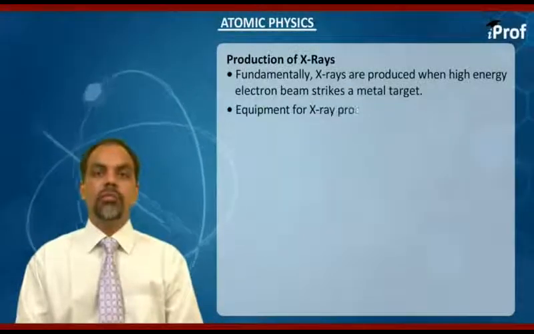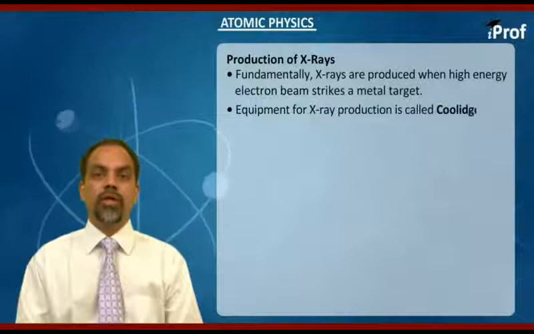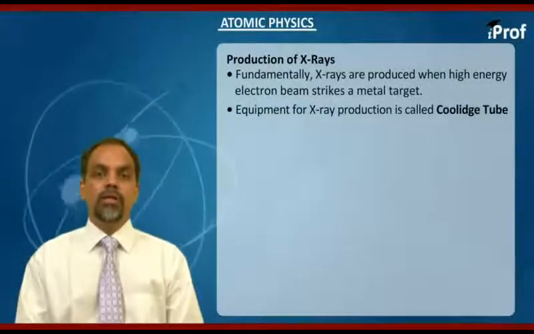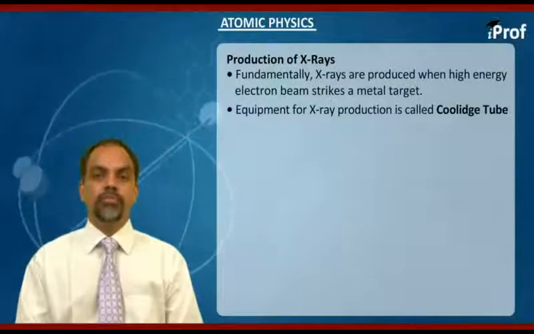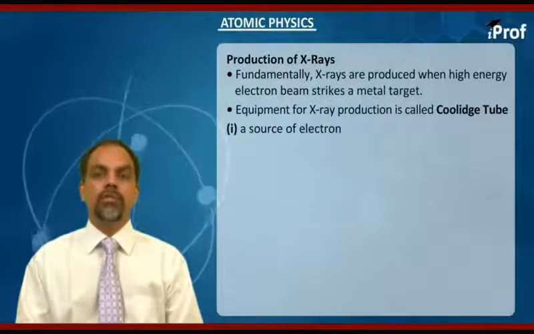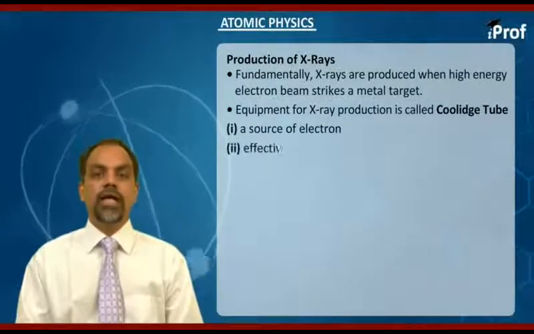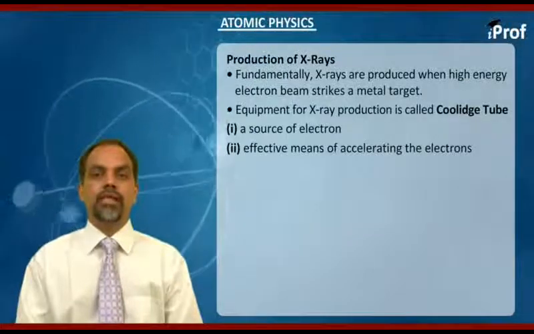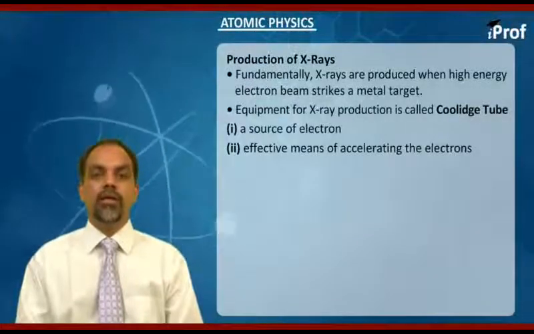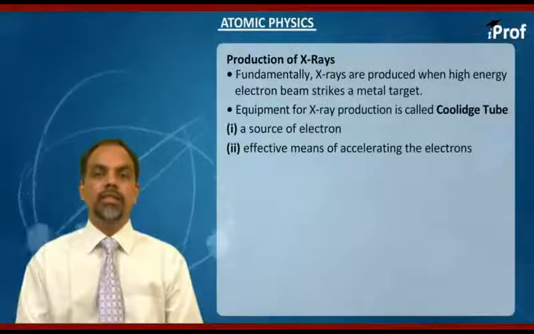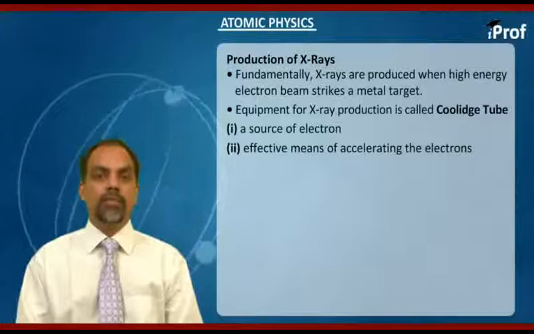Now, the equipment which is used for X-ray production is known as the Coolidge tube. This modern Coolidge tube mainly consists of a source of electrons, because we need electrons, and an effective means of accelerating electrons. Just now I said X-rays are produced when high energetic electron beams strike metal targets, specifically of high atomic numbers.